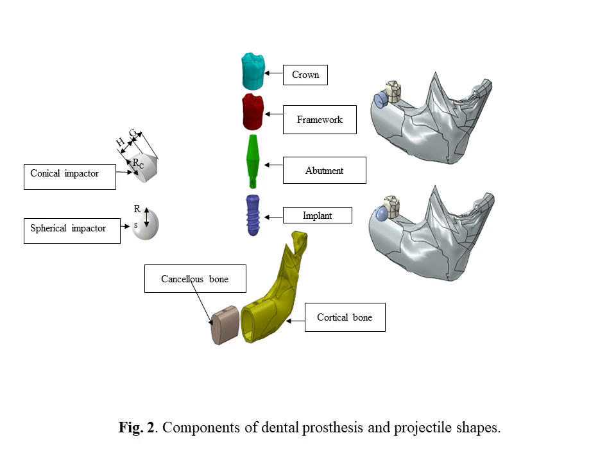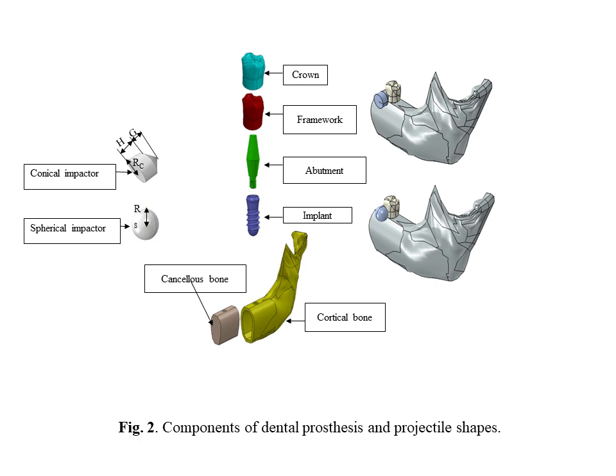Okay. Also there is a question in the chat that correlates with my question. Why did you choose these two types of impactor? I chose two kinds of impactor: the spherical impactor and the conical impactor.